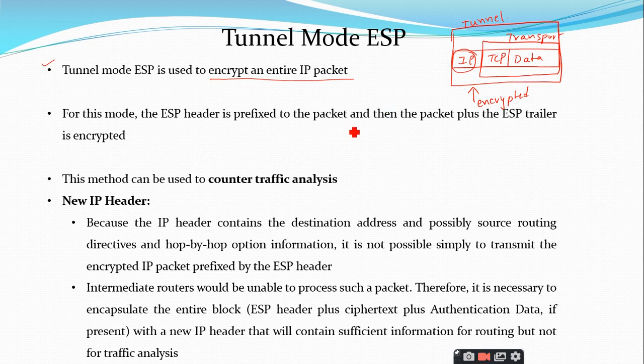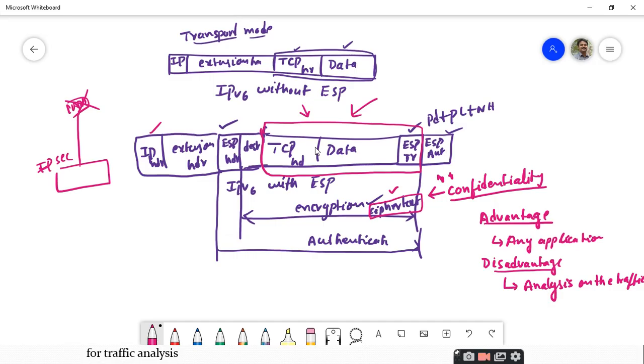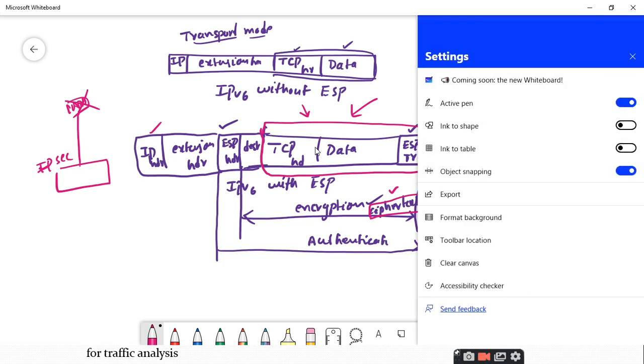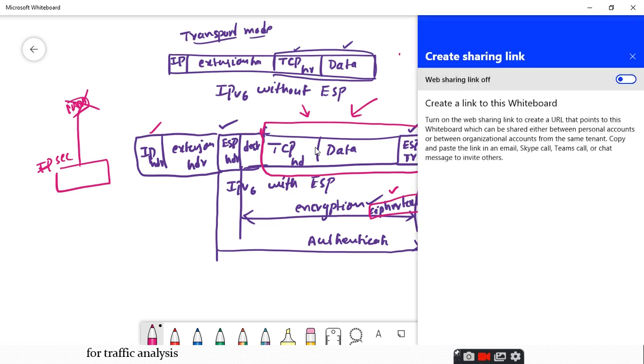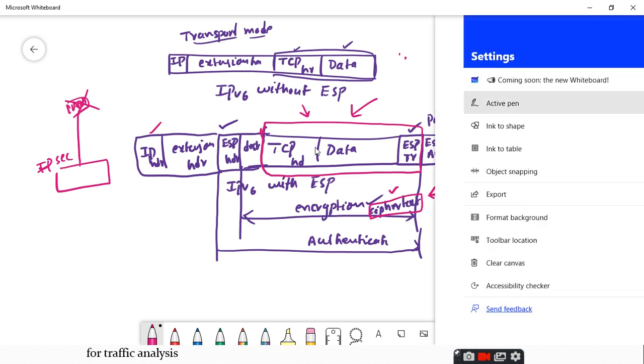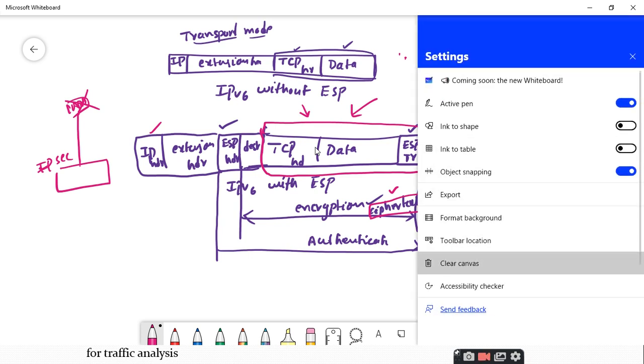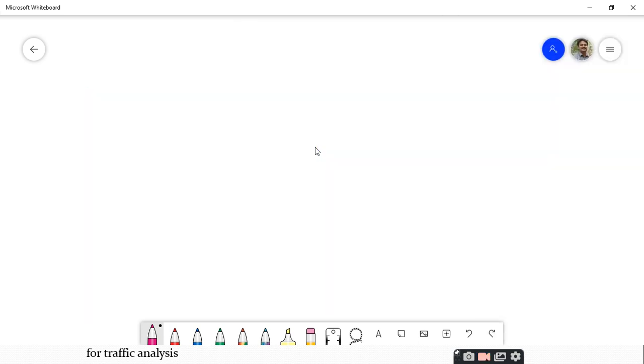Now let us see how we are going to add the ESP header and the ESP trailer to an IP packet. Let us see with an example. Let us go with the IPv4 packet.